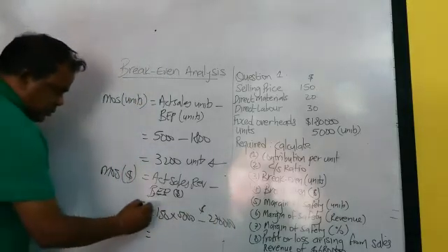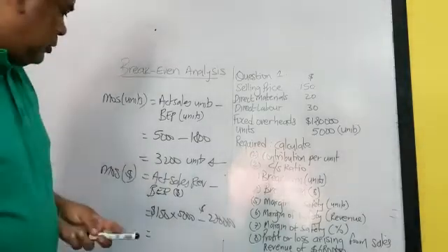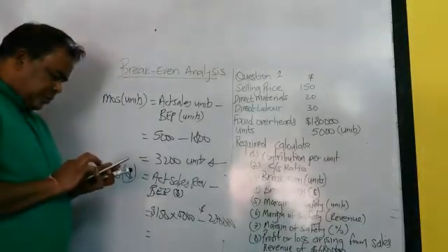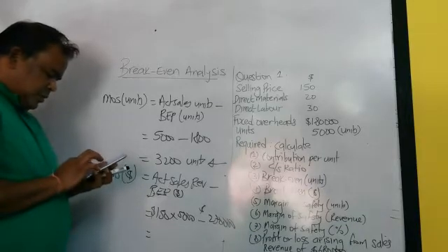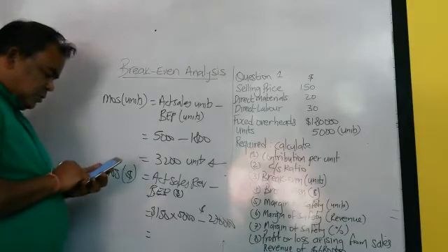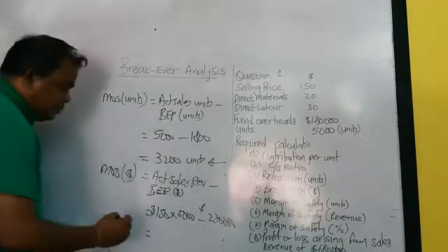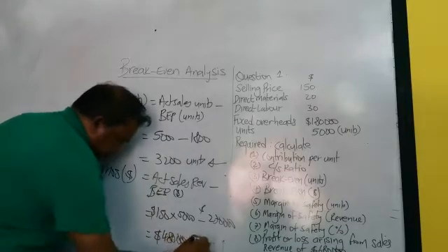So 150 times 5000 is 750,000, minus 270,000 gives 480,000. This one, margin of safety revenue, is 480,000.